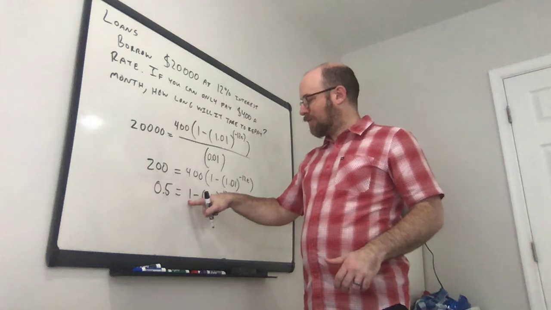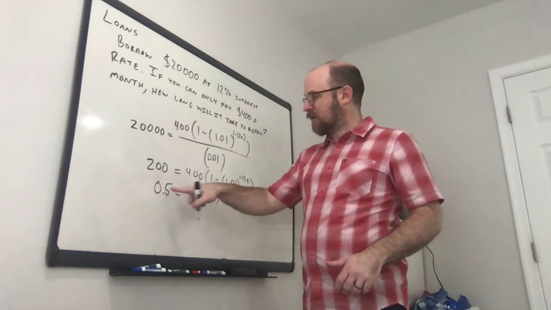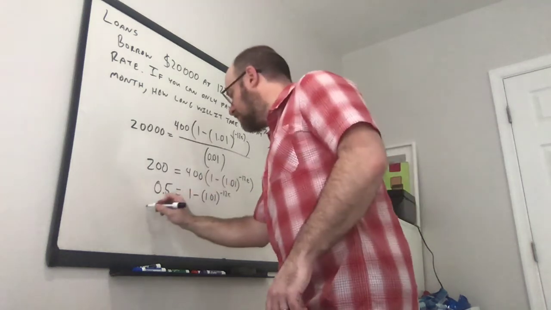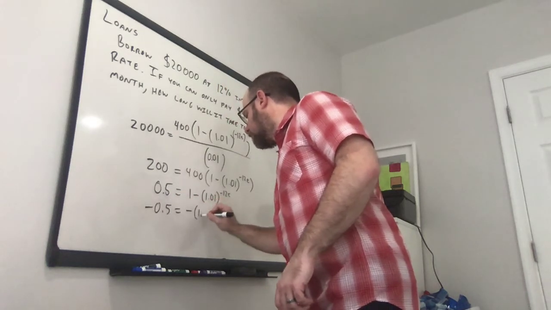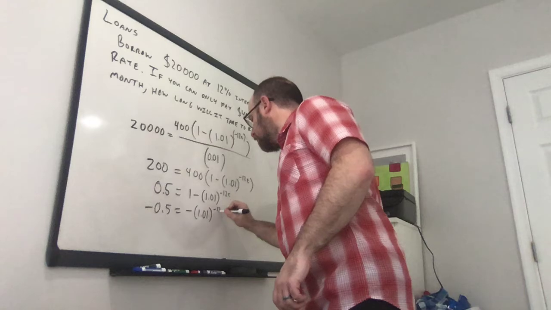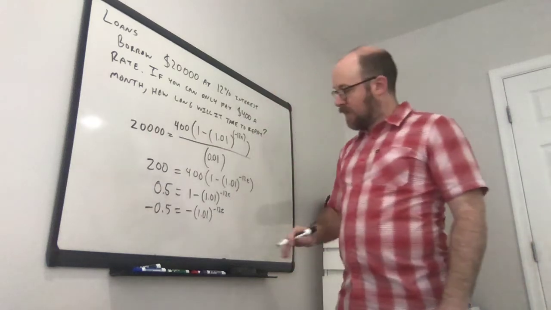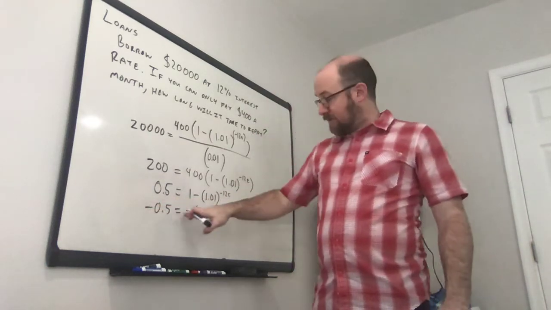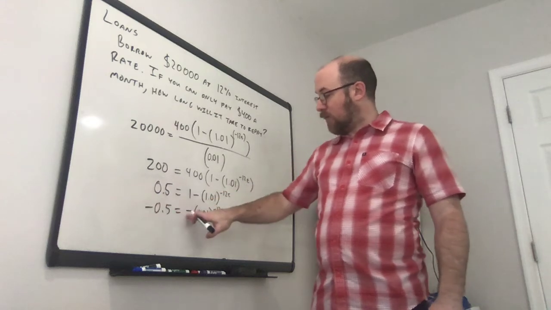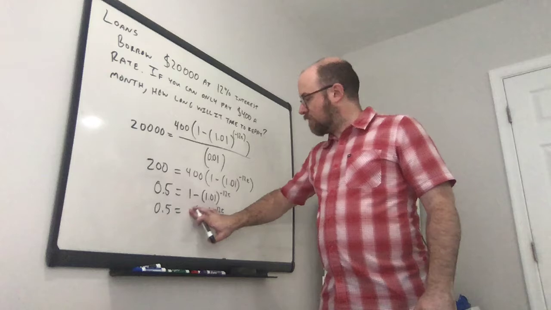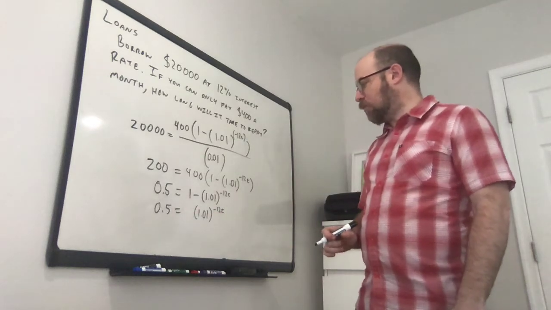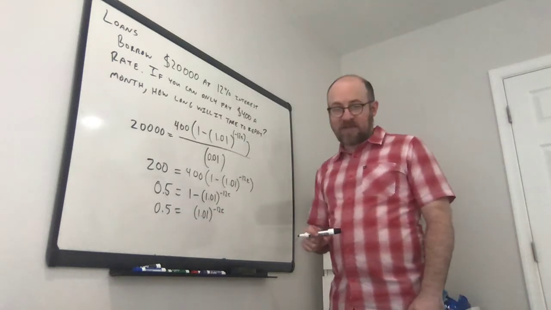So minus 1 from this side is going to get rid of this 1. Minus 1 from this side is going to give us negative 0.5. Okay? We can get rid of these minus signs. So divide by negative 1. We'll get rid of the minus sign on each side. We've got 0.5 equals 1.01 to the negative 12t.